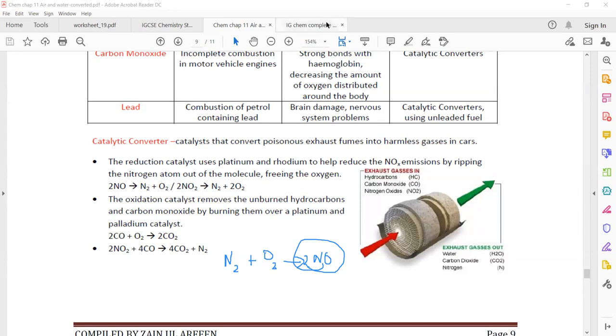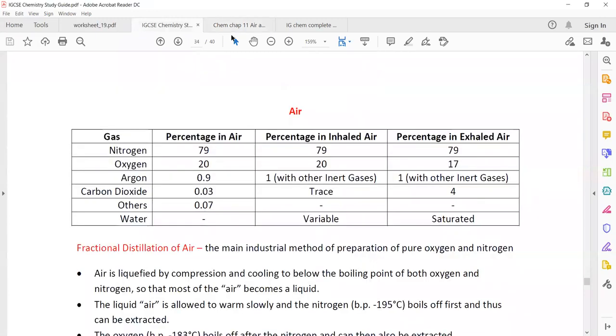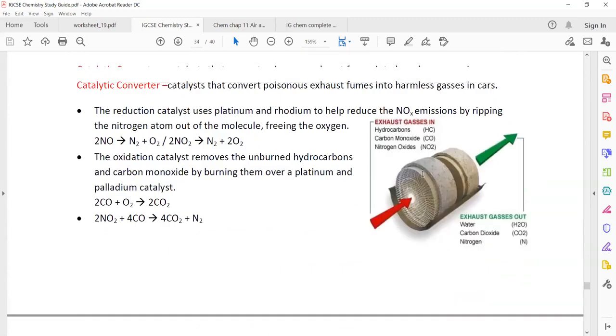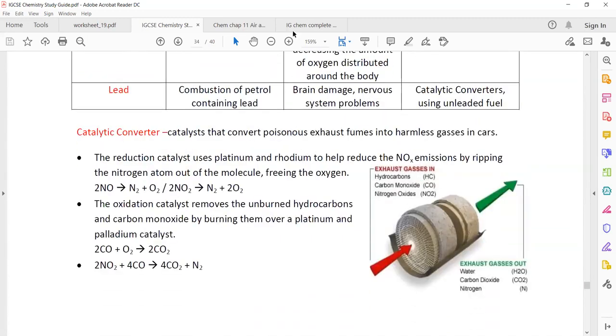So what is the advantage of using a car catalytic converter? This will reduce the emission of unburned hydrocarbons, carbon monoxide, and oxides of nitrogen. This is a car catalytic converter.